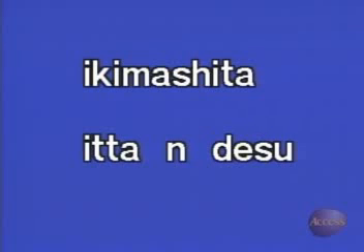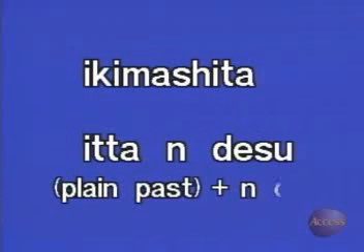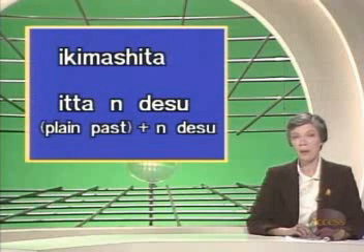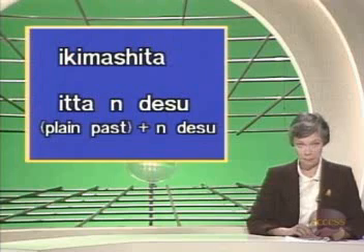As I told you in the last lesson, plain past verb forms with ndesu are used when the speaker or listener feels that it is necessary to have a further explanation or a confirmation about some situation that both of them are already aware of. Consequently, this pattern can be used either to give an explanation or to ask for one.